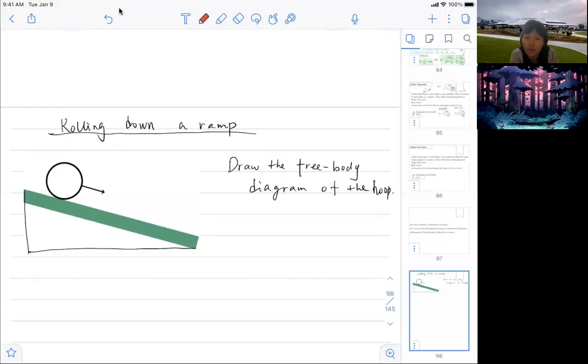So let's talk about the forces one by one. Can anybody tell us one force to start out with? Name one of the forces acting on the hoop. Gravity, mg, very good, thank you. Force of gravity. And as we see, someone said normal force.